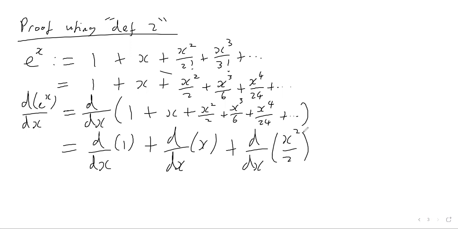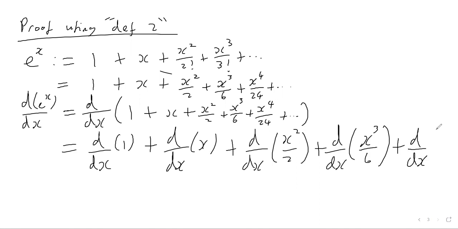And as I said, using the first video that I did on differentiation, we can just use the fact that when we differentiate x to the power of n, we get n times x to the power of n minus 1. So using that result that we found in the first video, we can differentiate each of these terms.